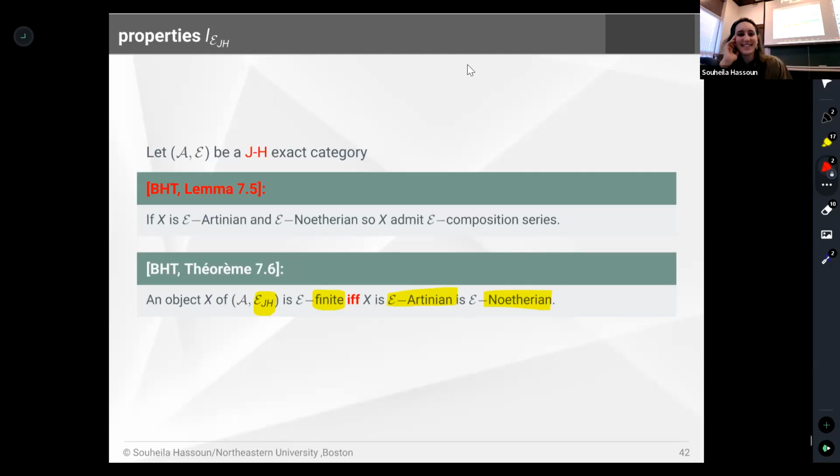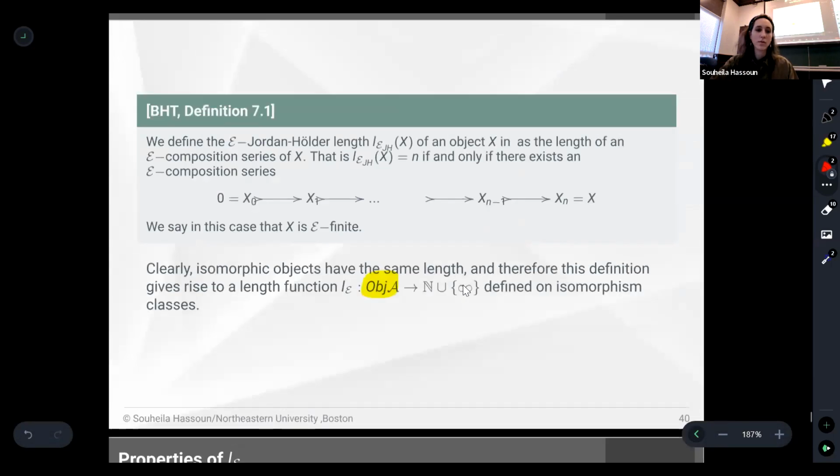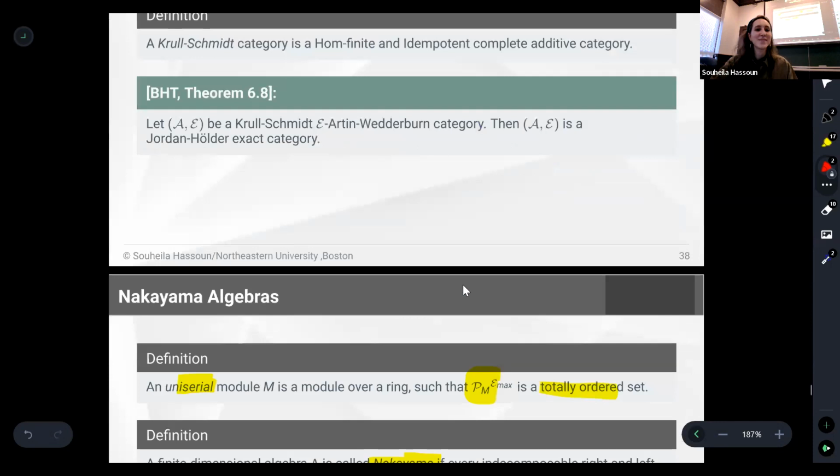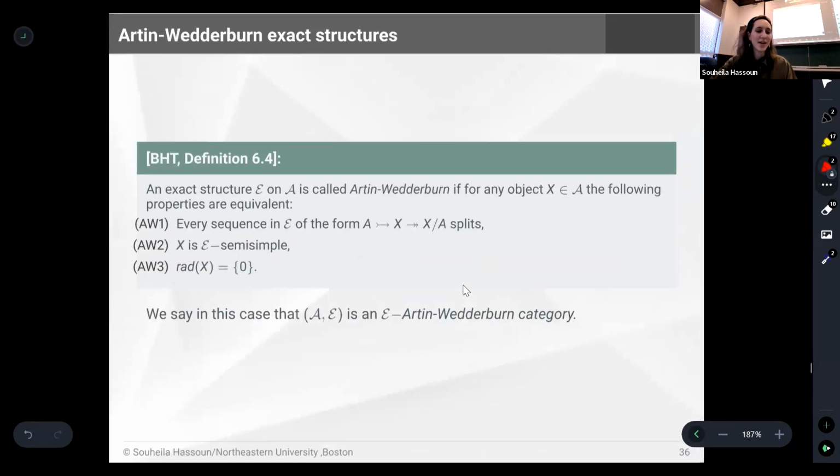Okay. Eva, I thought you were asking a question. Well, maybe just the definition of the AW condition, that you have these three things being equivalent. You mentioned that maybe there's another way to define it? Yeah, I believe there is a better way, but I haven't found it. If these three are equivalent, then this is the category we're interested in, but that's not the simplest way, I guess, to define it. I believe there would be a simpler condition that implies these three, but I haven't found it yet.